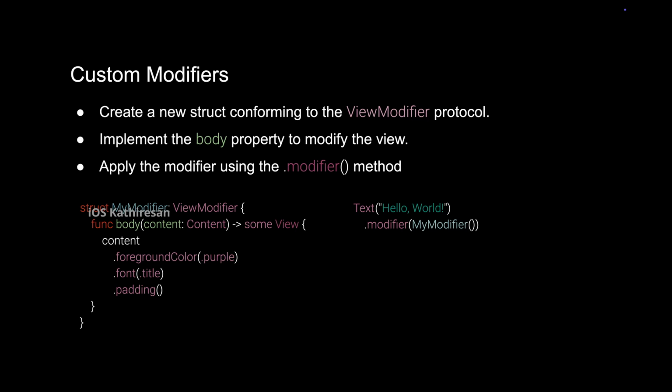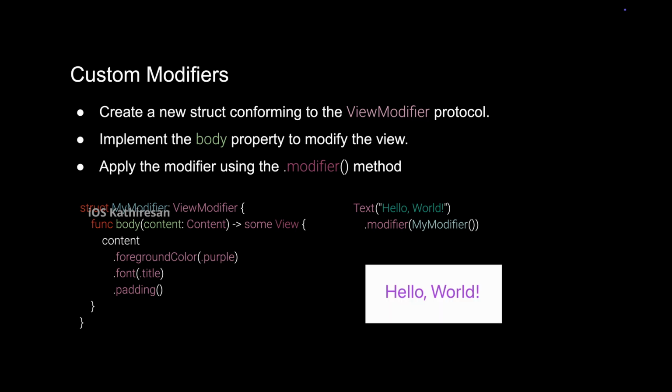We implemented this separately. Then we just use the modifier on a text field with the text Hello World and the modifier MyModifier, and the view will look like this.